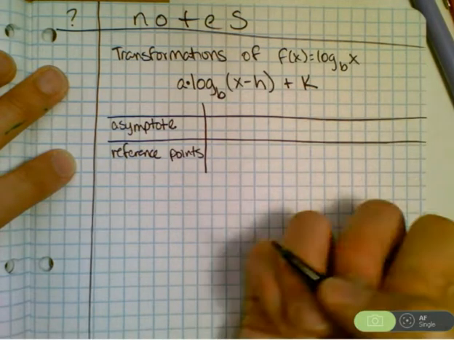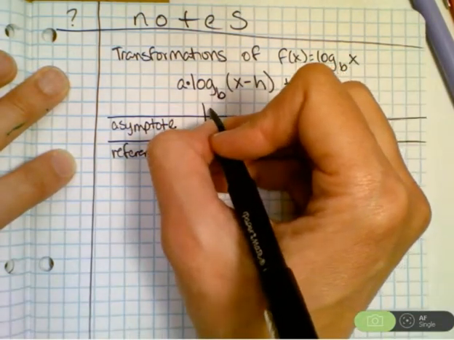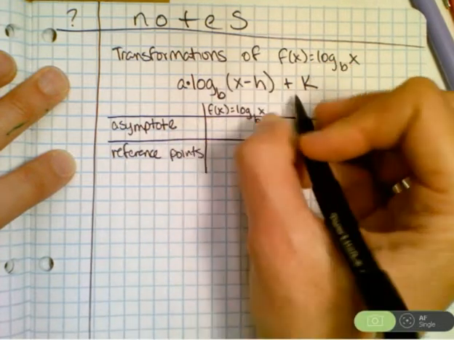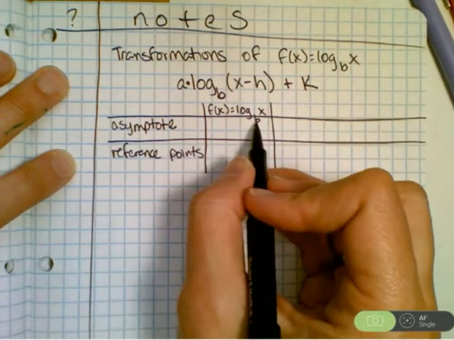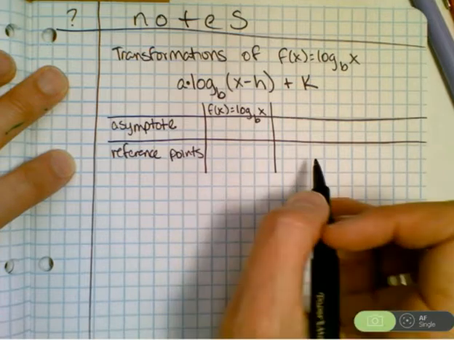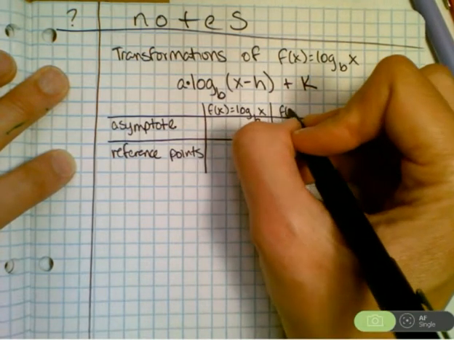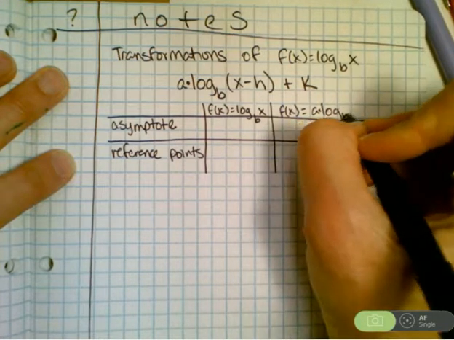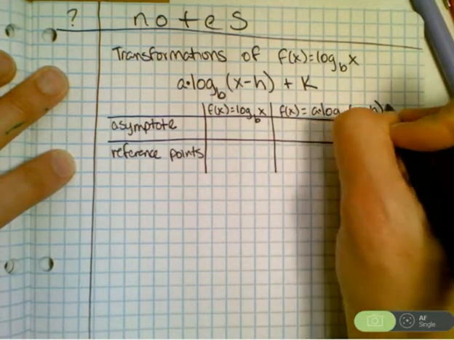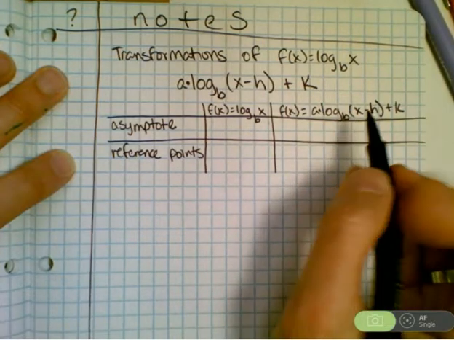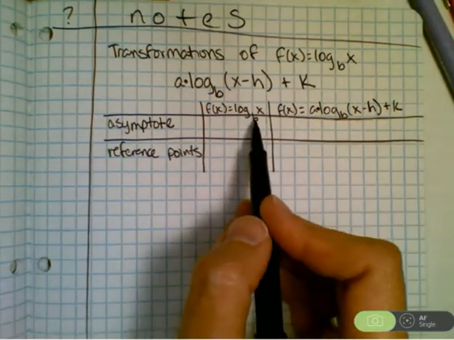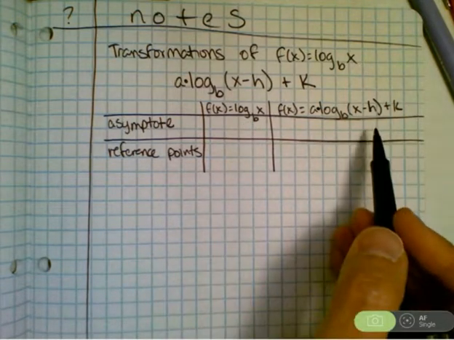And just so we can compare it, here I'm going to do f of x equals log base b of x. That way for any other base, you'd also be able to find the asymptote. And then here, we'll do it for the transformation form. So this is when we have other numbers with it. We'll do examples. We did 2 examples of this already, but we'll do some more later.